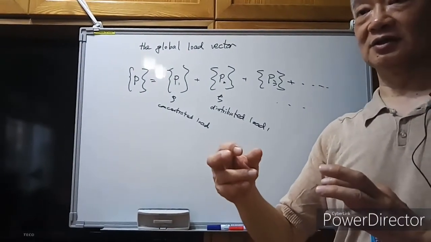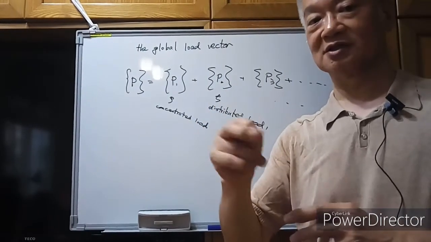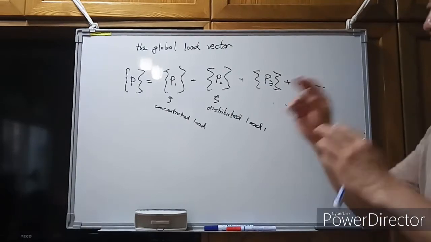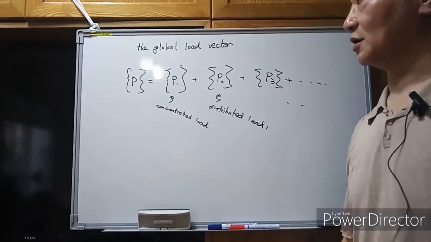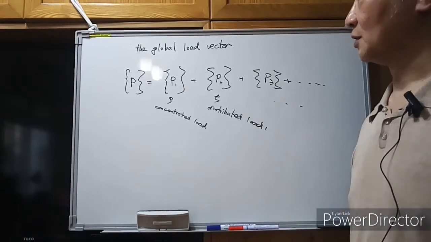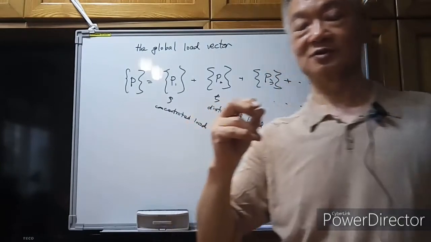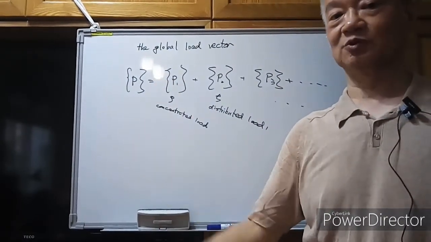But for the expanded vector, we just add zeros, and adding zeros will not contribute to the final values. So we can always just assemble the non-zero values to the corresponding locations. You can get the same results.